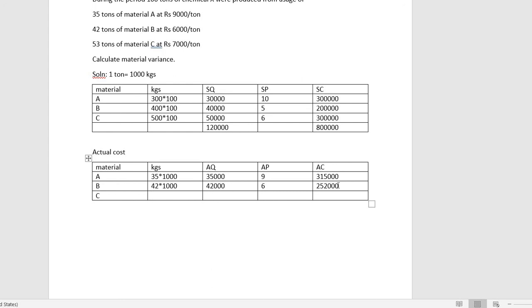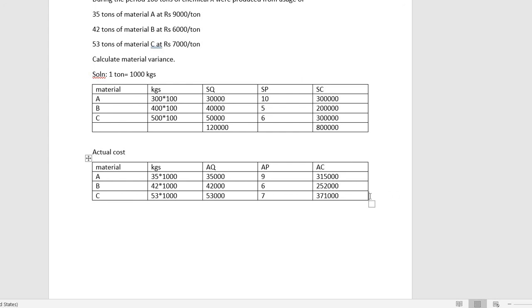Next, material C, 53 tons into 1000, 53,000. The actual price is 7,000 divided by 1000, that is 7 rupees. Next, the actual cost is 53,000 into 7, 3,71,000.